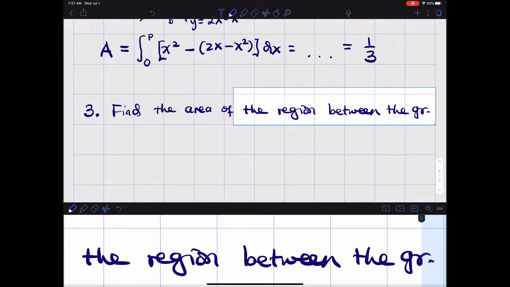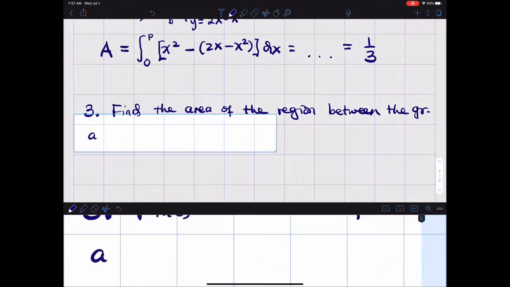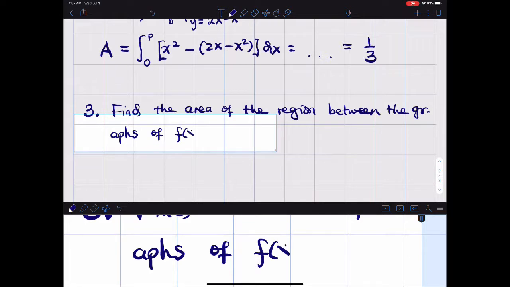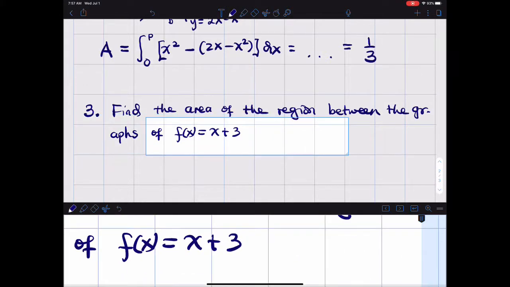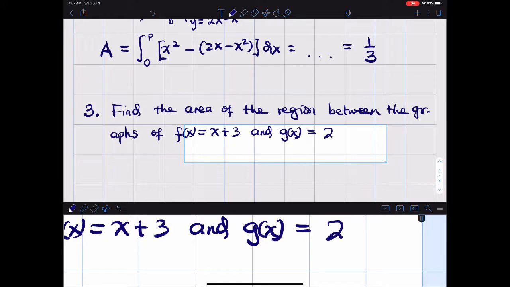Oh no. The graphs of f of x equals x plus 3 and g of x equals absolute value of 2x.